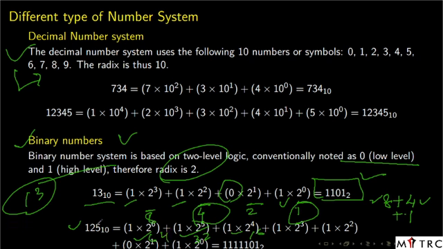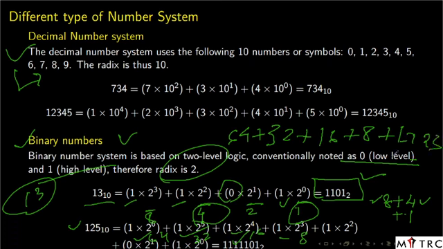So basically 125 is represented as 64 plus 32, we see here 1, and here again 1, 16, and plus here again we have 8, and here it is 0, so we will not count it. Here it is again 1, so it is equal to 125.